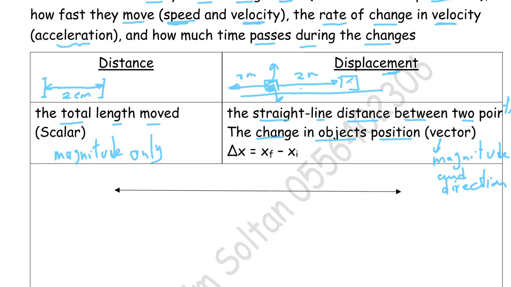And we can say it is the shortest line between the start and end points. We give it the symbol delta x, so it equals final position minus initial position. Sometimes we give it the symbol s, and for the distance the symbol d.